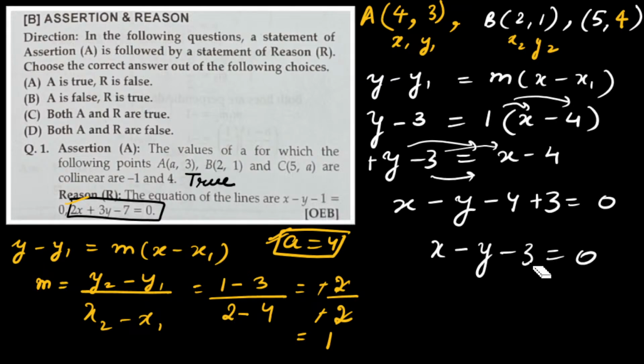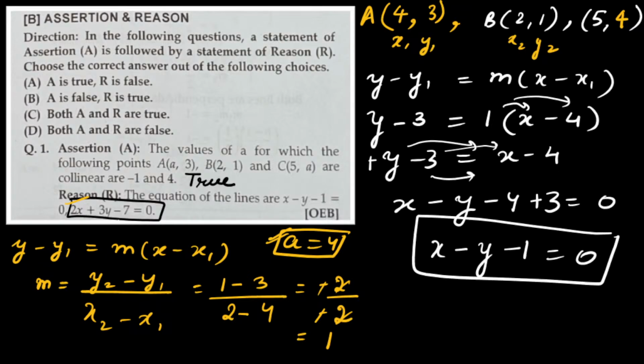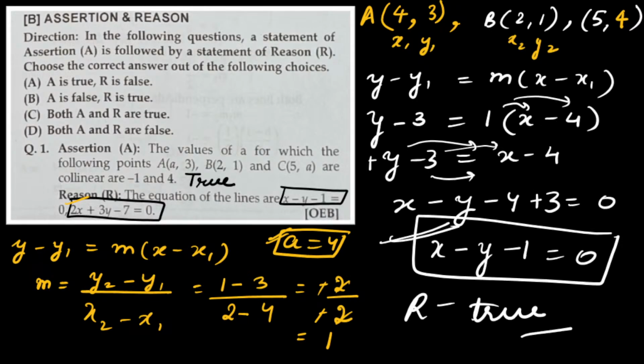Minus 4 plus 3 is minus 1. So you can see this is the equation which is present in the reason statement also: x minus y minus 1. The same equation you will get by using B and C also, because this is the same line. So because of that our statement is also true.